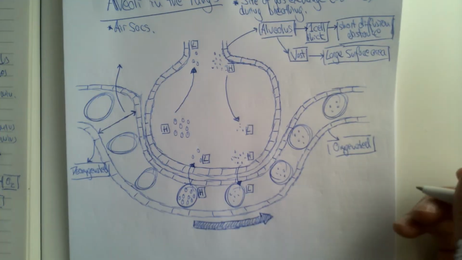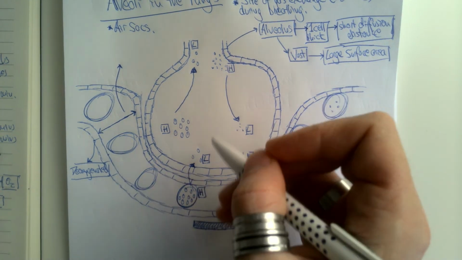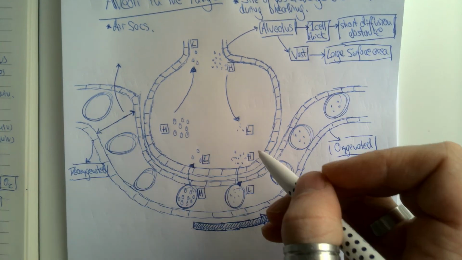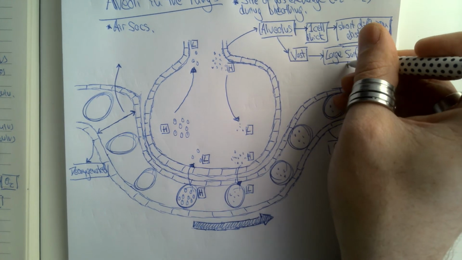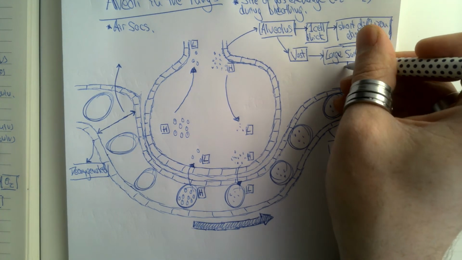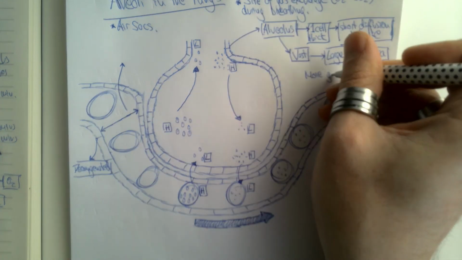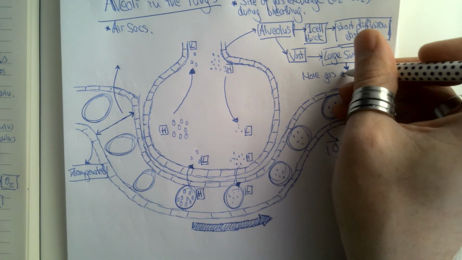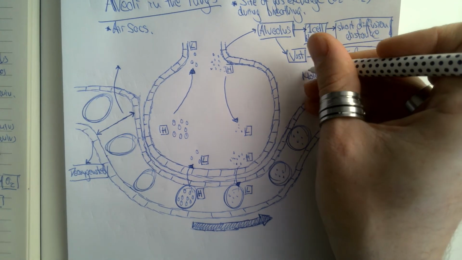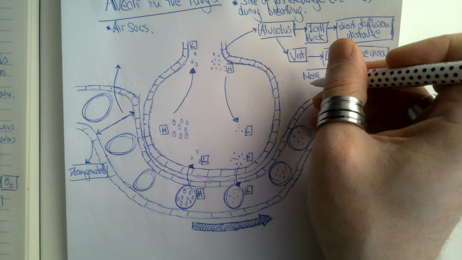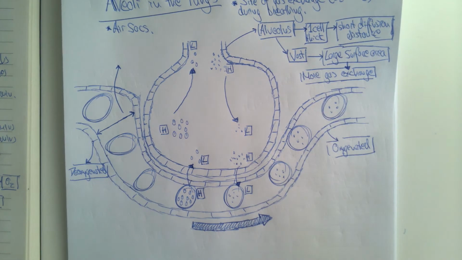And if the lungs have got a large surface area, it means that more oxygen and more carbon dioxide can move in and out of the alveoli in the lungs to the blood and vice versa quickly. So it means that we've got more gas exchange that can occur.